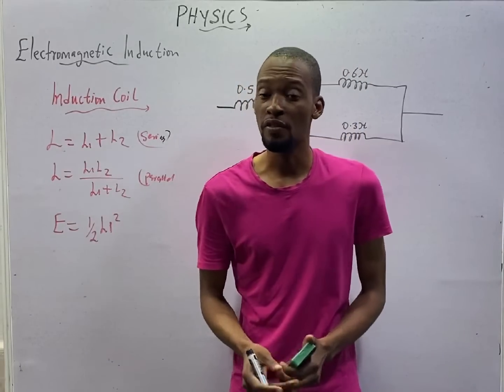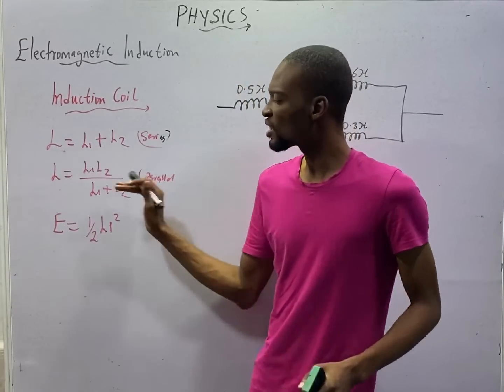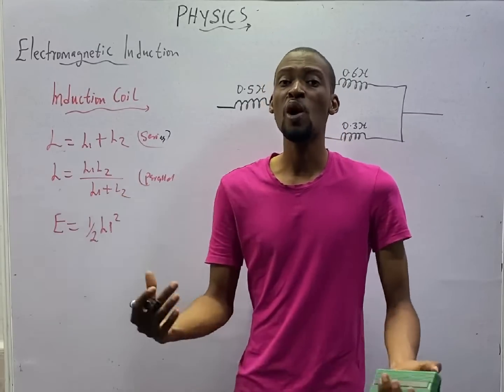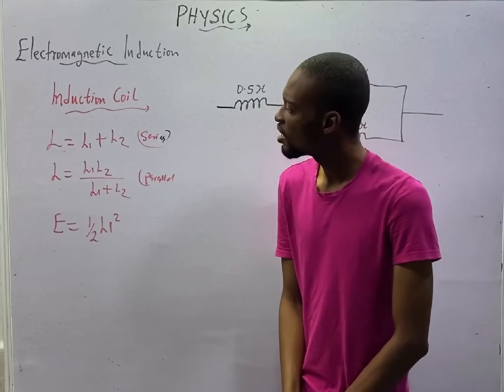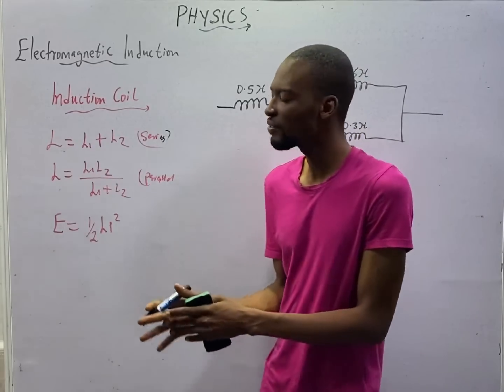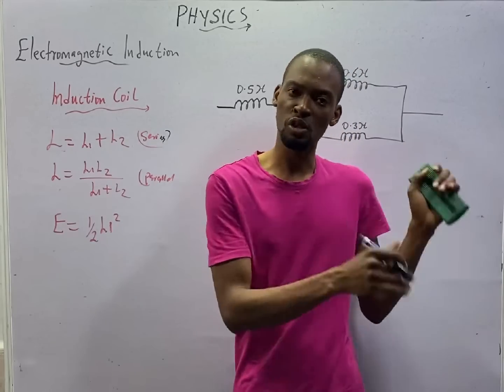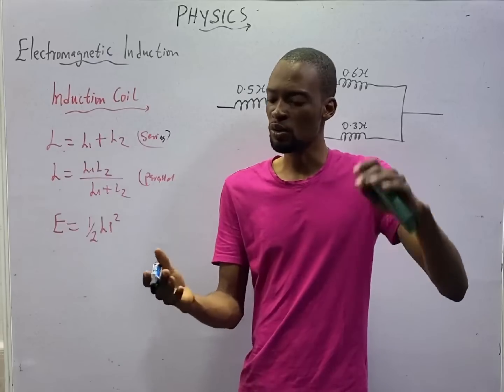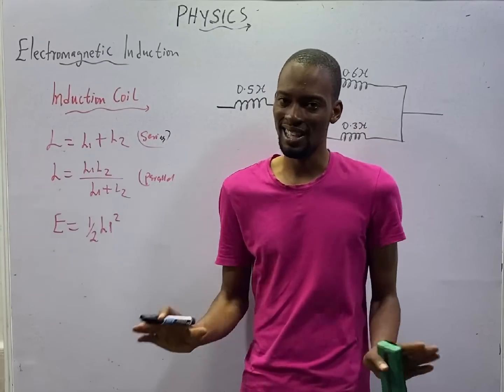For parallel arrangement, you multiply over you add. That will be the resolution. In most cases, you won't be given more than two inductors to resolve at once. Either you are given one in series with two in parallel, or two in series, another one in parallel. You resolve them two at a time.